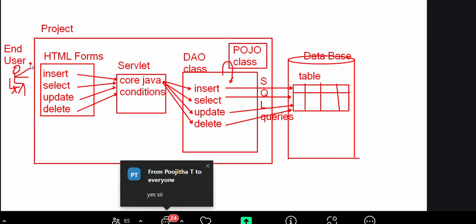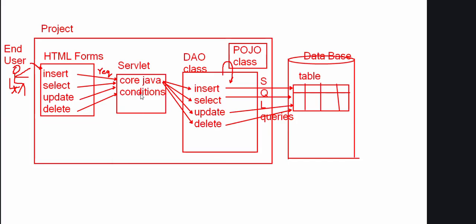So the end user accesses the HTML form and sends the request. Based on the request type, the servlet, with the help of core Java conditions and a switch block, will invoke the DAO methods: insert, select, update, delete.